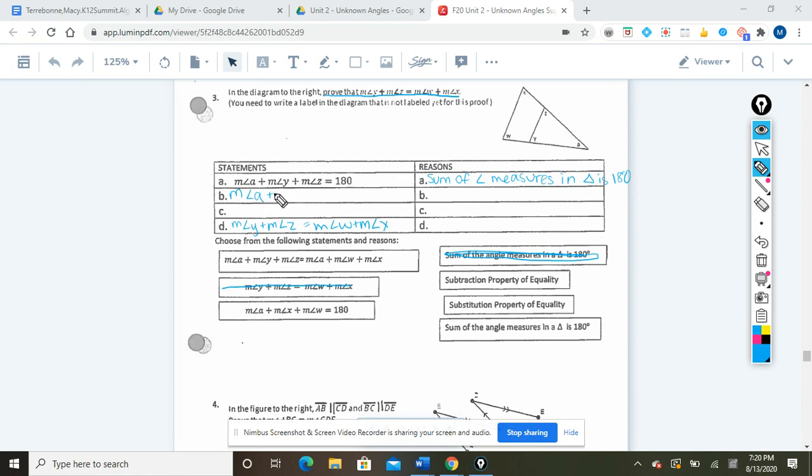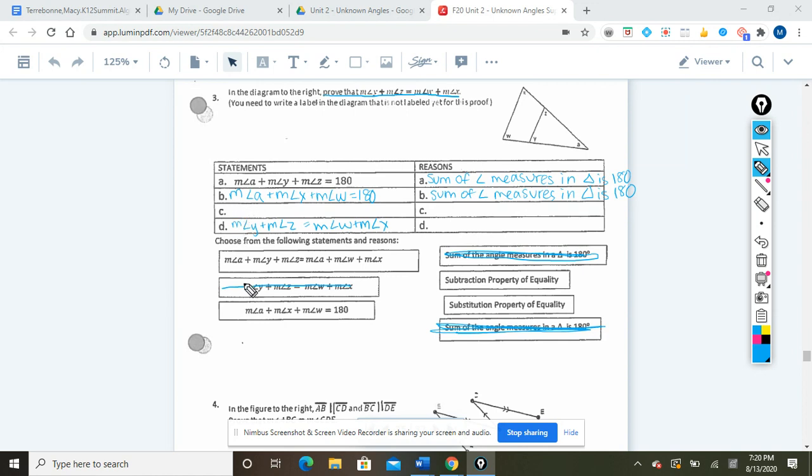Measure of angle A plus measure of angle X plus measure of angle W equals 180. And this is also going to be sum of angle measures in triangle is 180. All right, so that's that.